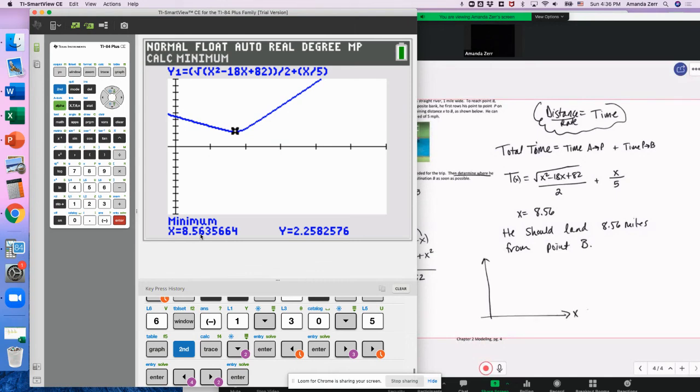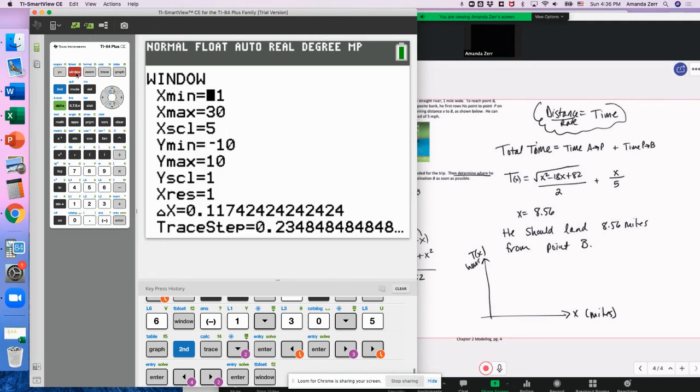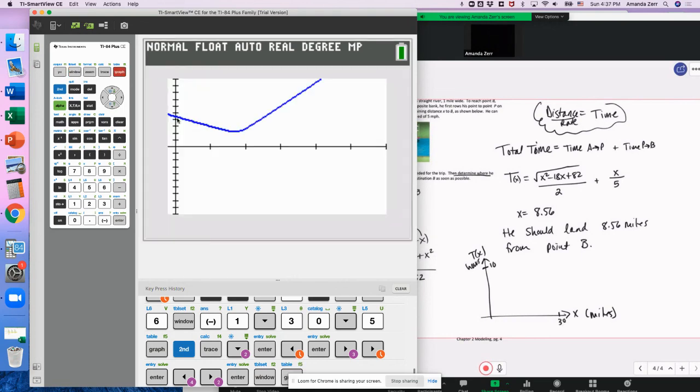X is in miles and T of X is in hours. And then I'm just going to show what my window is on my graph. Okay, so for Y, I went up to 10, and for X, I went to 30. And I was counting by ones for Y, so 1, 2, 3, 4. It's between 4 and 5.